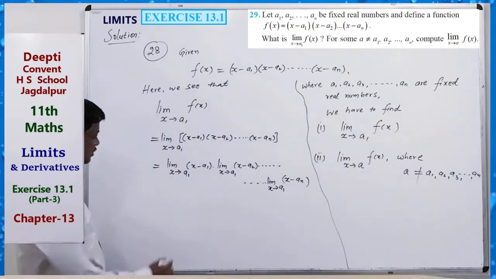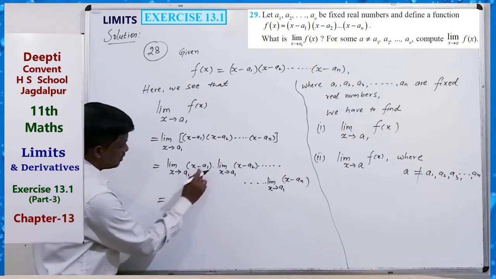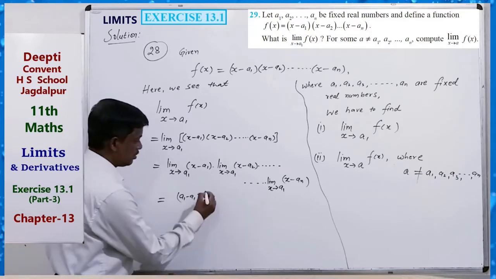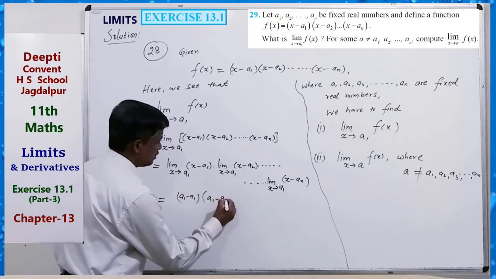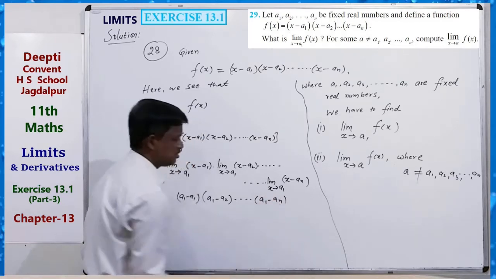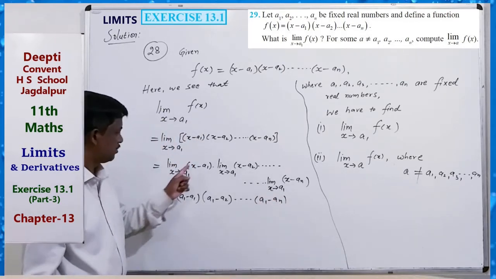Clear? Now just see a1 minus a1, a1 minus a2, up to a1 minus an. Just we can find the limit like this.